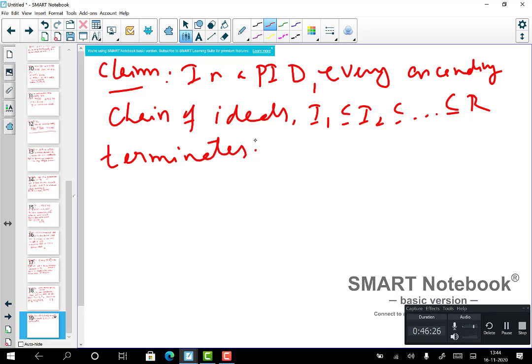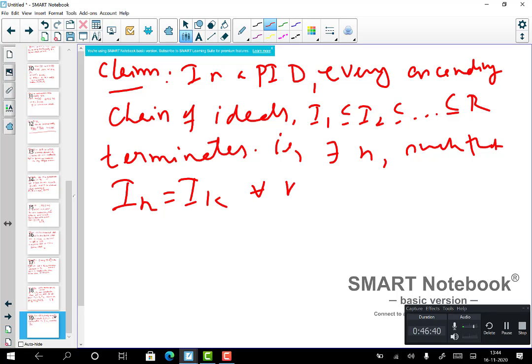That means after a certain stage, there exists an n such that In is actually equal to Ik for all k greater than or equal to n. After that, everything is the same. Okay, and this property is called the ascending chain property in a PID. This is a very important property. Maybe you will learn something when you learn some commutative algebra. There is something called Noetherian. This is called the Noetherian property. The ascending chain terminates.